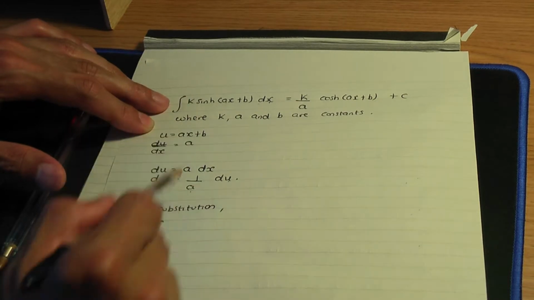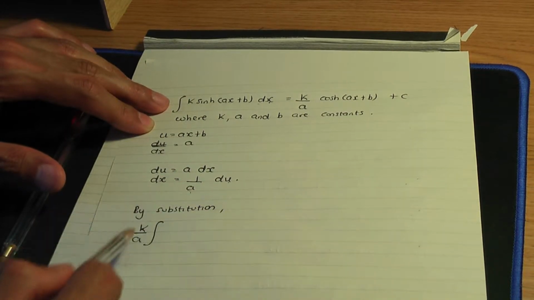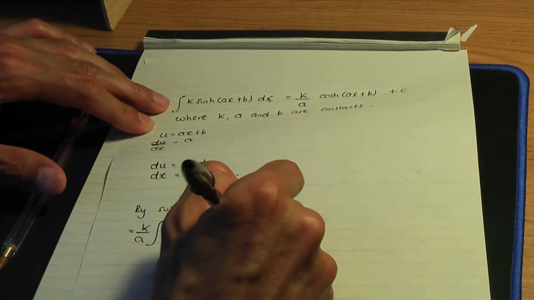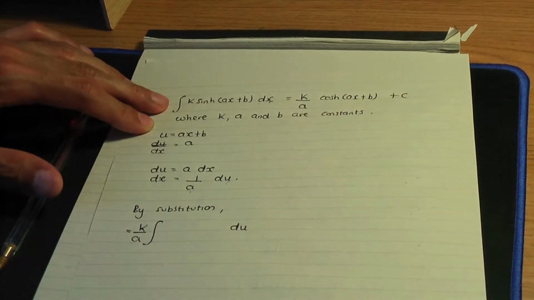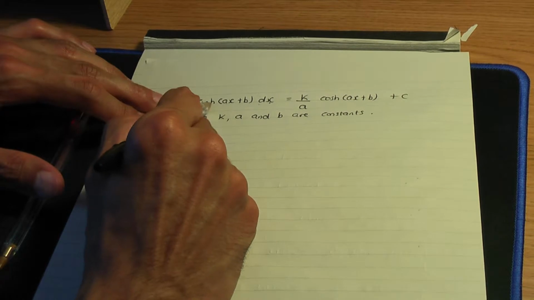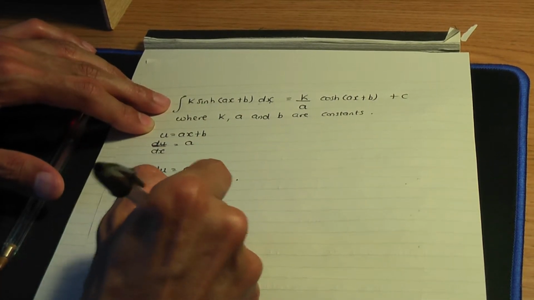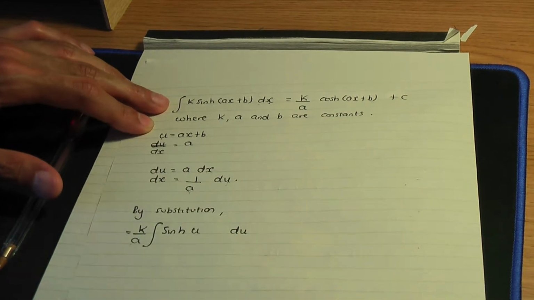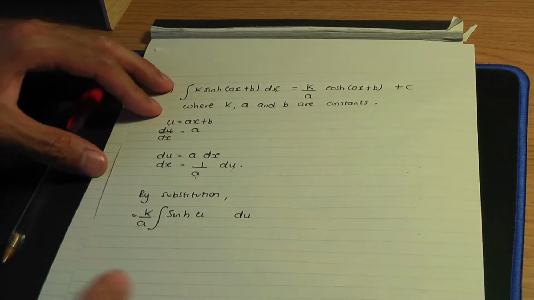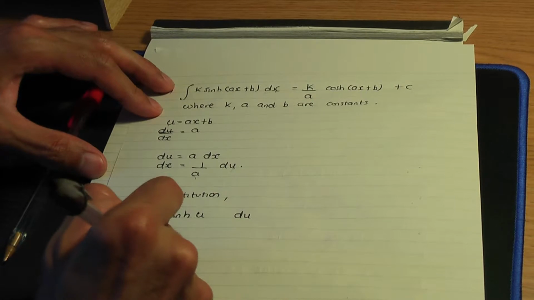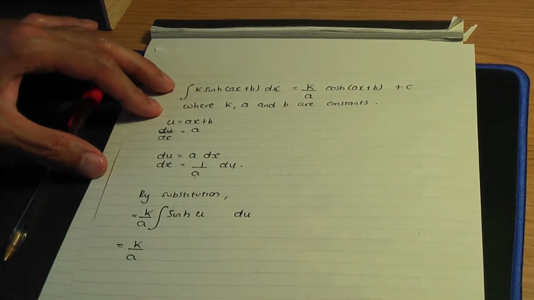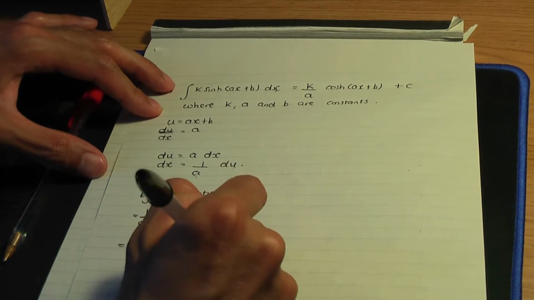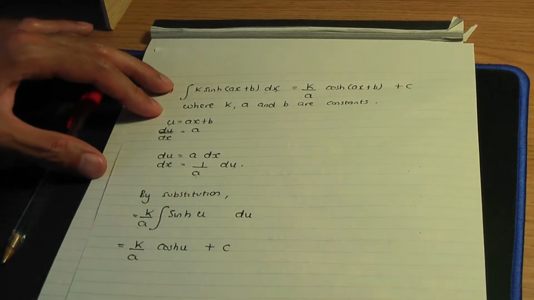So I'm going to bring out that k as well as the divide by a outside, and du of course we write inside our integral, and also hyperbolic sine ax plus b replaced by u. Remember, whenever you integrate hyperbolic sine, that's the standard result, you're going to get hyperbolic cos u plus a c.